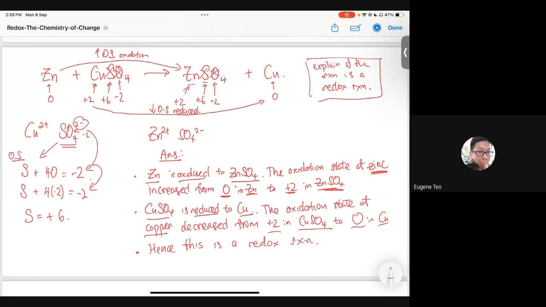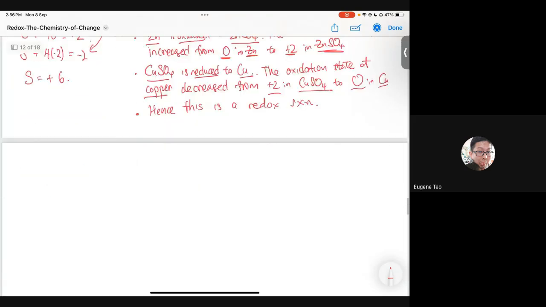Okay. Now I want to do one more question, because this question here involves KMnO4, which is also a good one to have. Okay, so let's do one more question since I've got one more blank page as well.